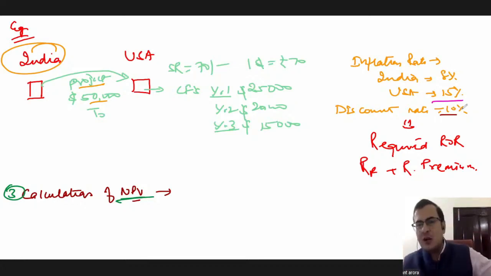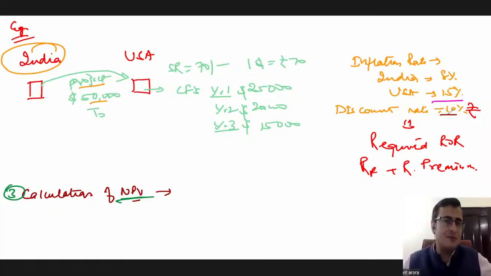So this required rate of return is in rupee terms. Sir, how do you know? Because that is what we are saying. Will the rate of return in INR be the same for US dollars? Listen carefully. Will the required rate of return in India be the same as the required rate of return in the US?